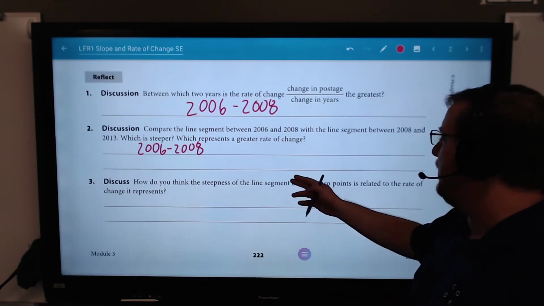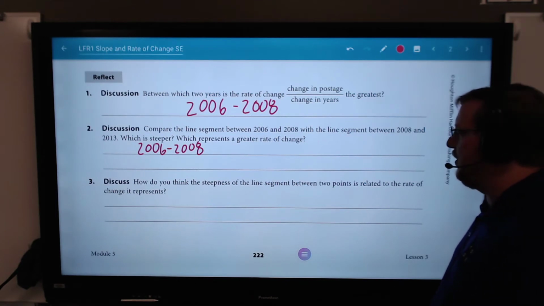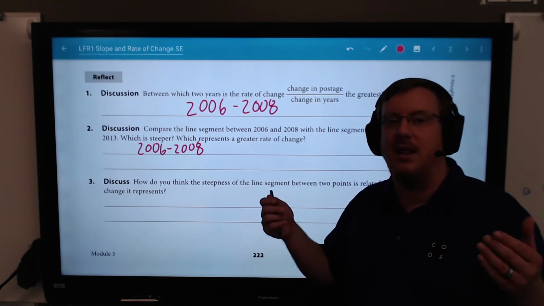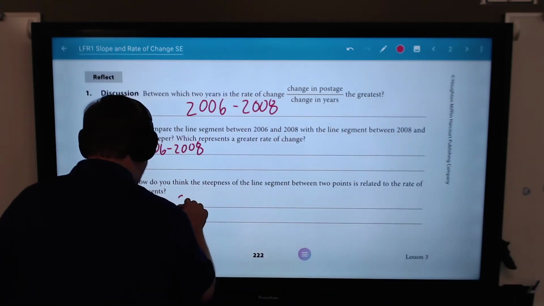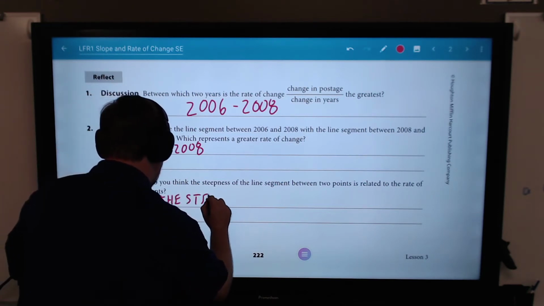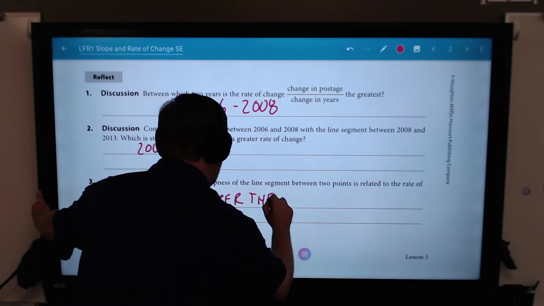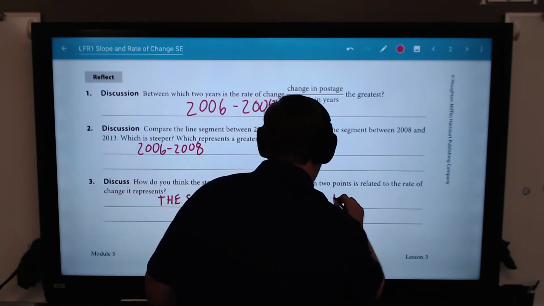How do you think the steepness of the line between 2 points is related to the rate of change it represents? So the steeper the line indicates a larger rate of change. The steeper the line, the greater the rate of change.